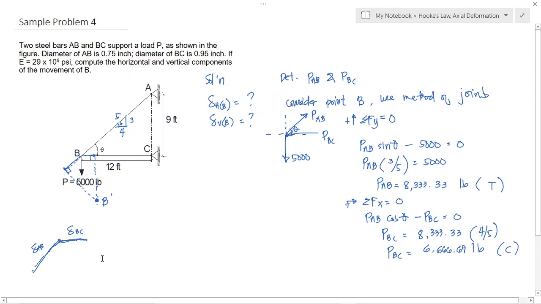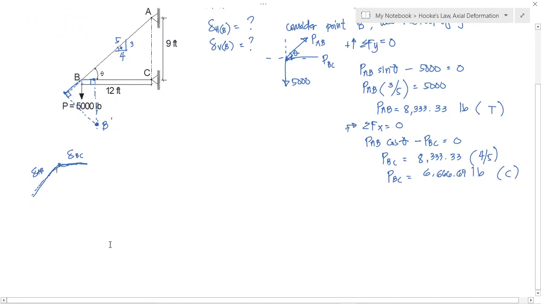So yung final position of B natin, kung nandito yung original, sabi ko kanina, mag-draw lang kayo ng 90 degrees na line, and then another 90 degrees na line from there. Draw ka lang dyan ng straight line. So this is 90, this is also 90. Kung saan sila mag-intersect, ito ngayon yung B prime natin. Ito yung final position ng B.